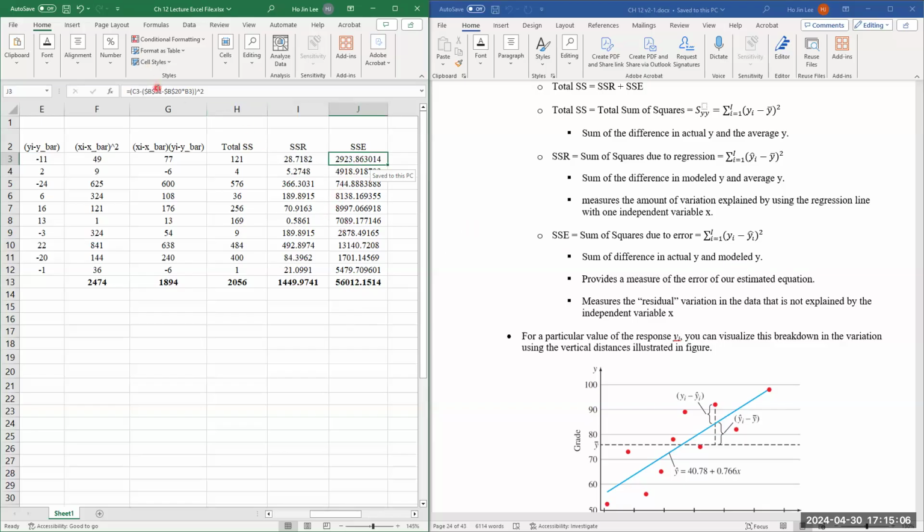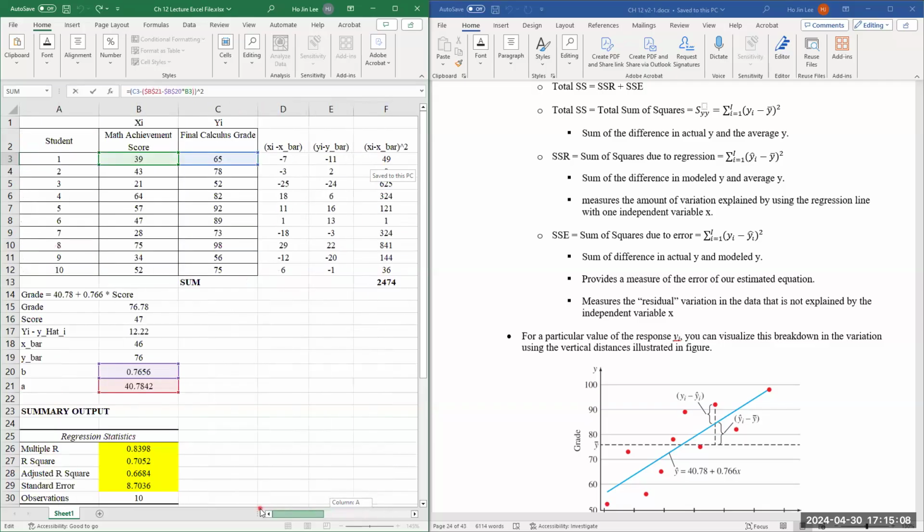This is yi minus a minus b times x, the whole thing, parentheses.